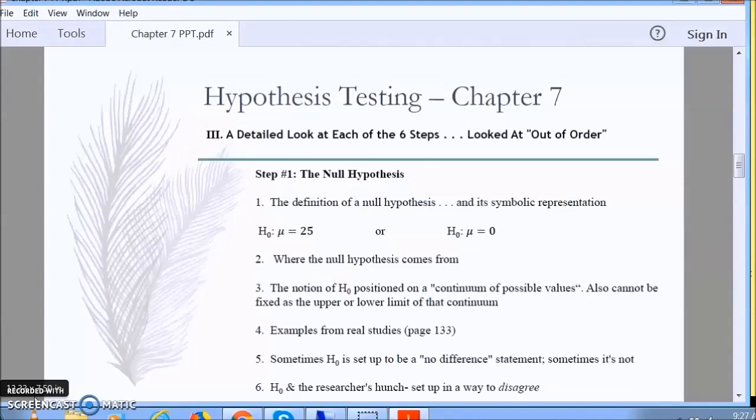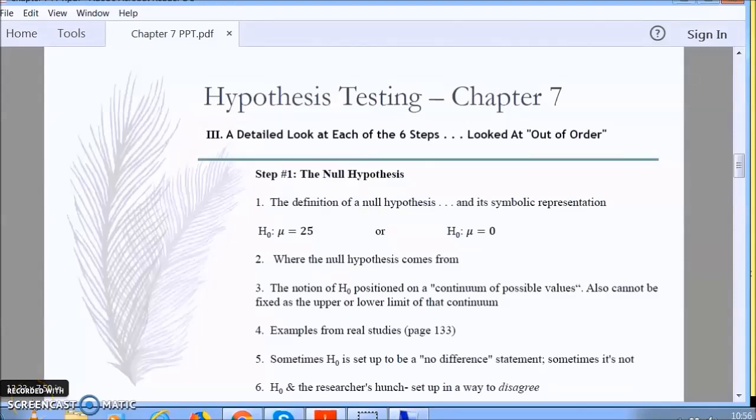You are making the hypothesis that this is what you think to be the pinpoint statement. The symbol for the null hypothesis is always a capital H with a naught. It is said as H naught is the null hypothesis.